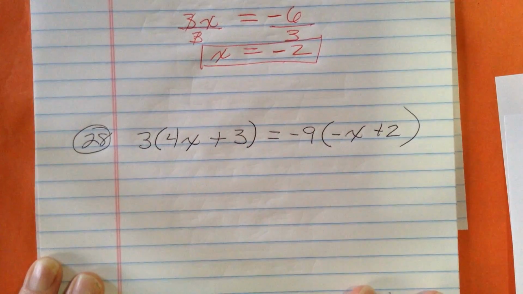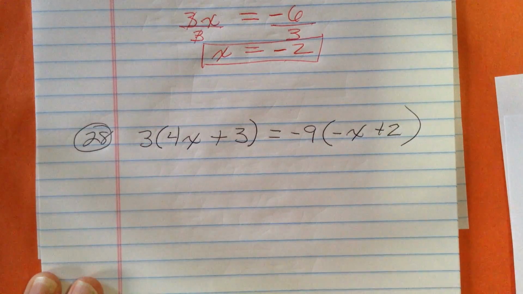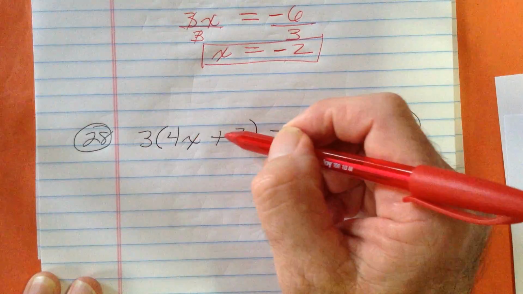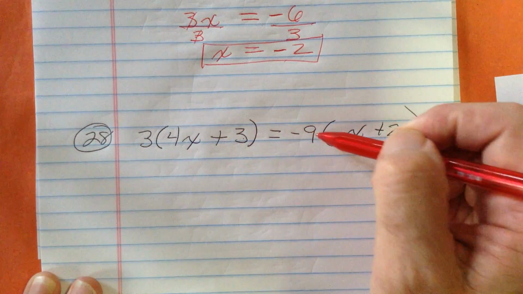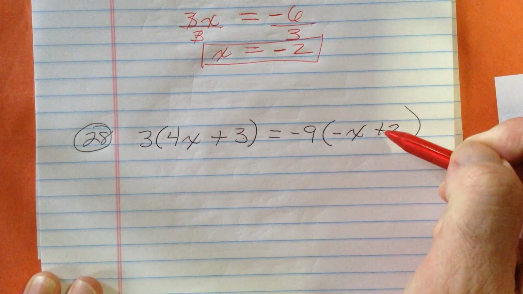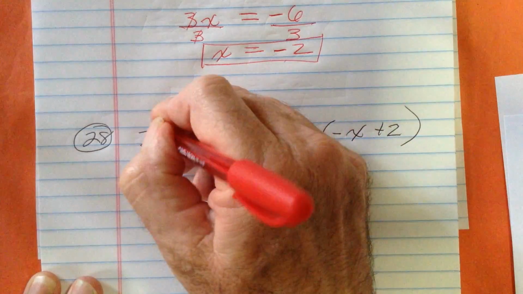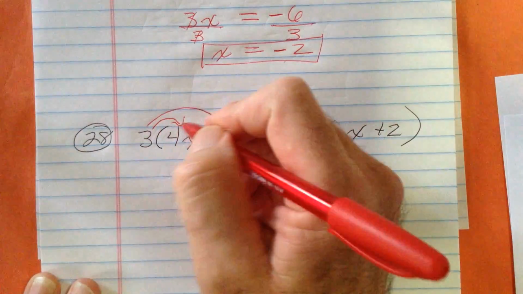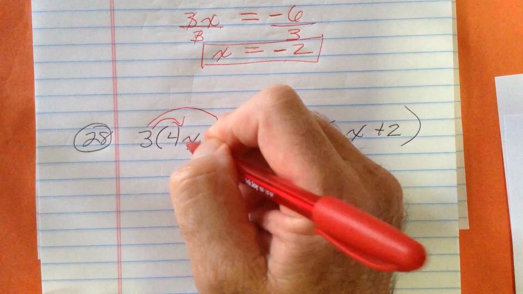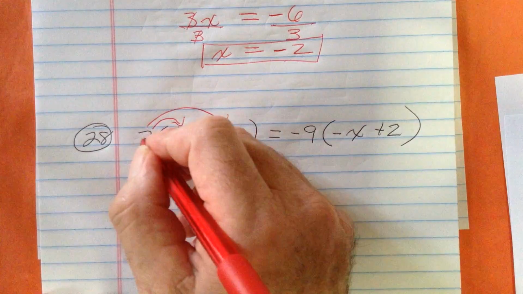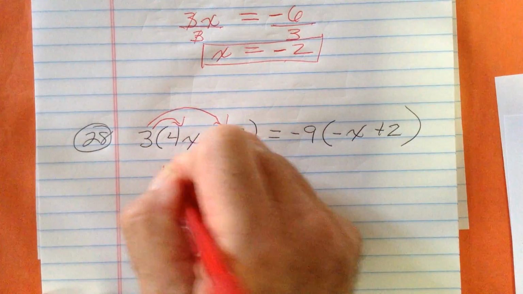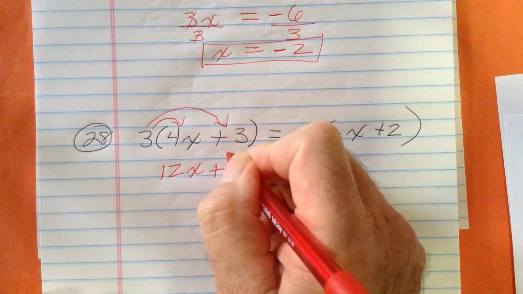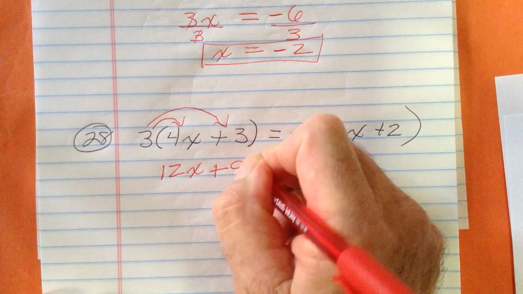Here's another one, doing the distributive on both sides. You got 3 times 4x plus 3 equals negative 9 times negative x plus 2. So you got to distribute the 3 on this side to get rid of the parentheses. 3 times 4 is 12x, and then 3 times a positive 3 will be a positive 9.